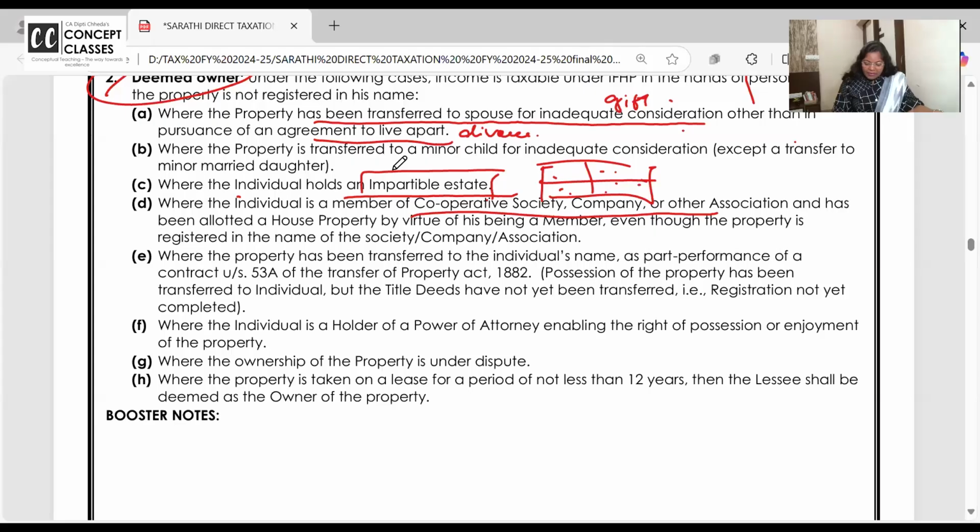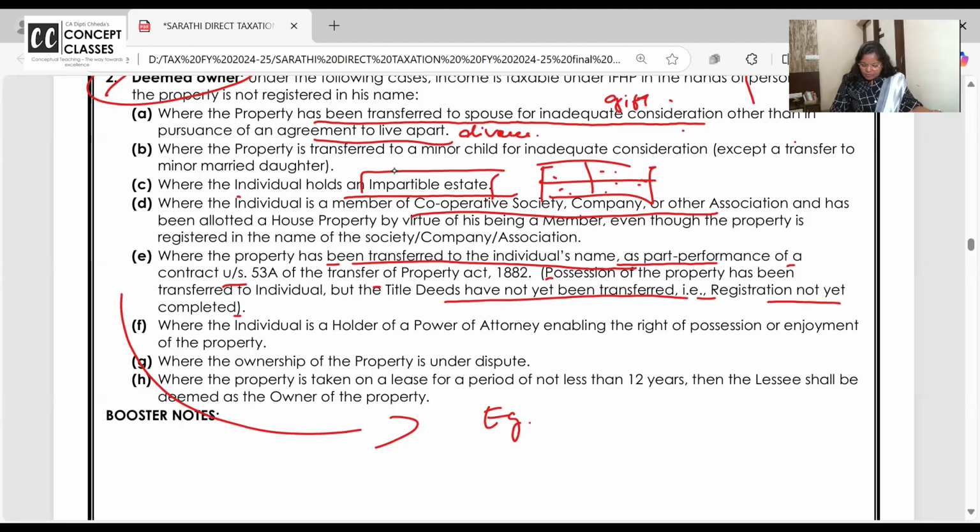चलो. Where the property has been transferred in the individual's name as part performance of contract, but title has not been transferred. Registration is not done. I'll make you write one example for this. Okay. A transferred the property to B on 15th of March 2025.